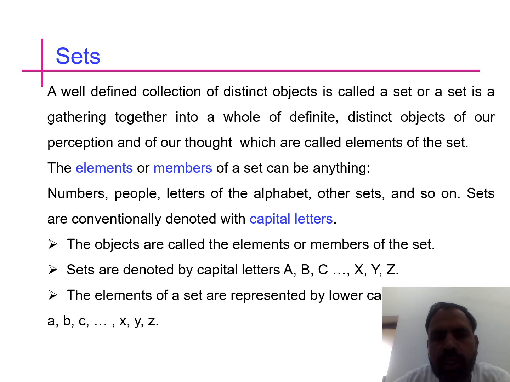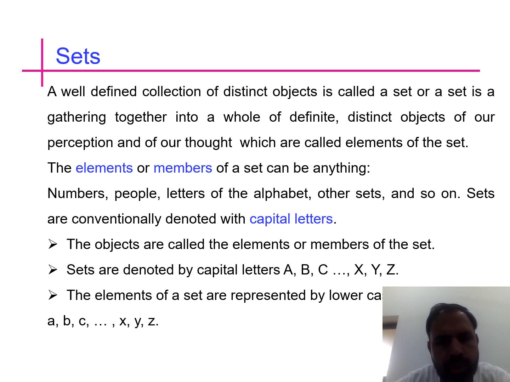Sets are conventionally denoted by capital letters A, B, C, and so on. The objects in the sets are called elements, entries, members, or entities of the set.